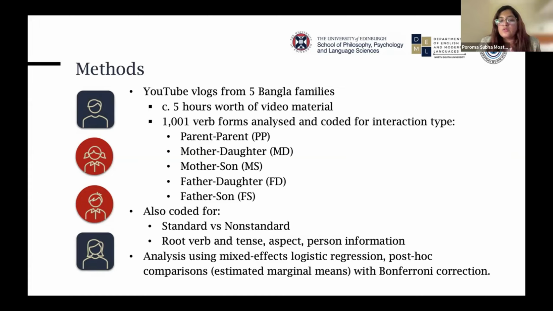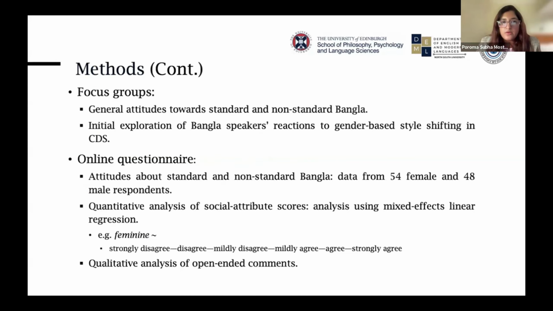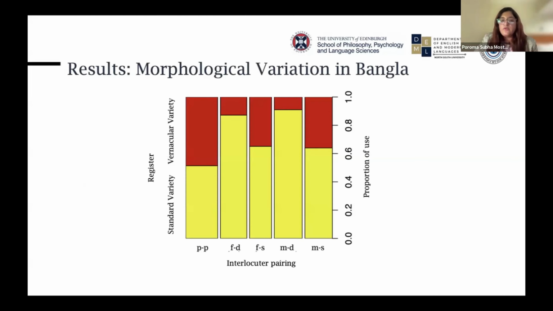Because this was a mixed method approach, we had qualitative as well as quantitative data, which we analyzed in R. We had focus groups and online questionnaires, but I won't bore you with it because it's quite long. Let's just quickly move on to the results itself.